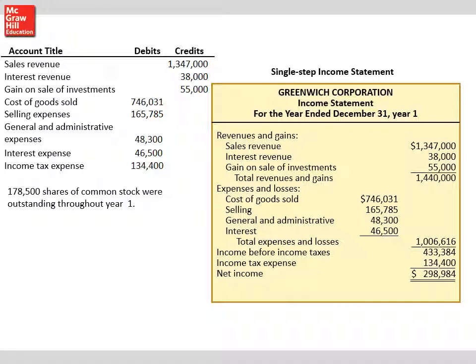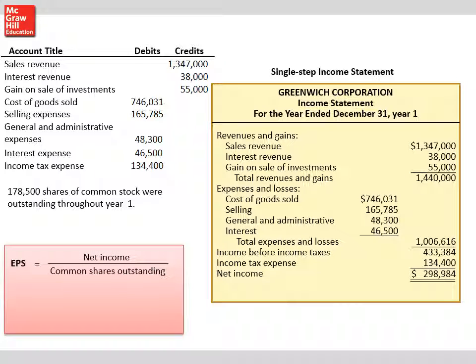So we subtract the dividends from net income just to isolate that part of net income that is promised to the common shareholders. We divide that then by the number of outstanding common shares, and we get $1.67. That is reported directly on the income statement, one of the only ratios out there that is required to be. Whether you're doing a single step income statement or a multiple step.